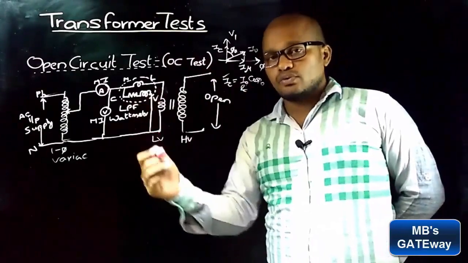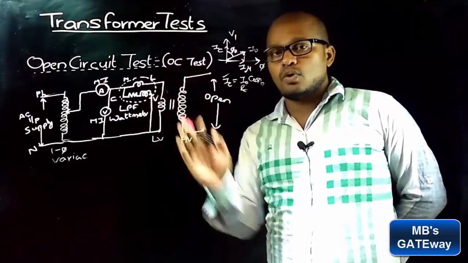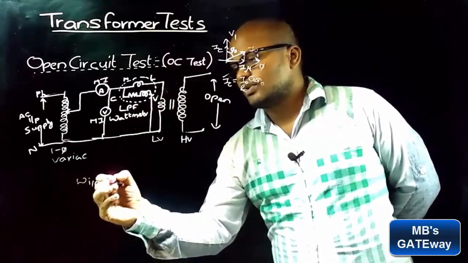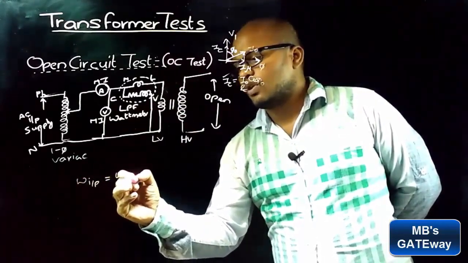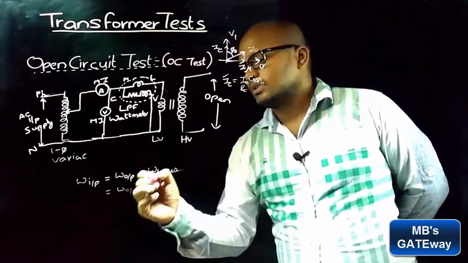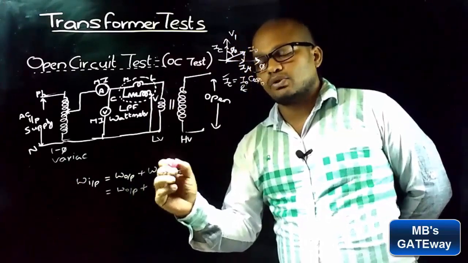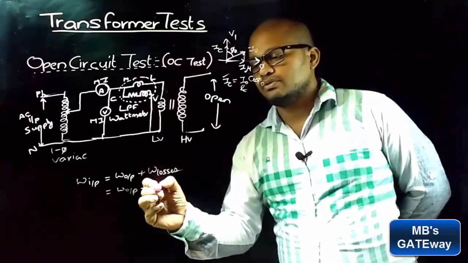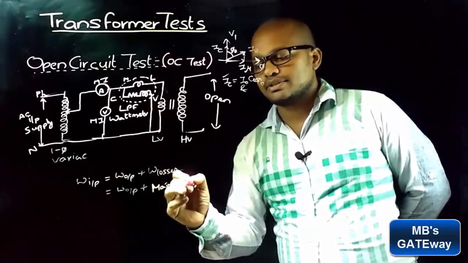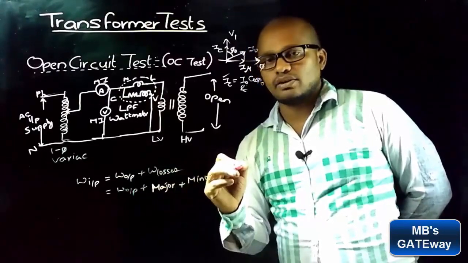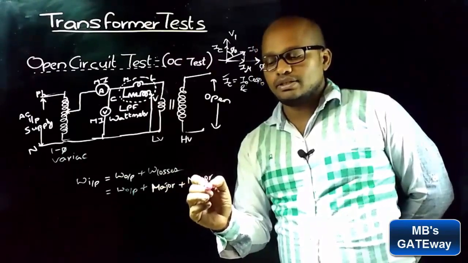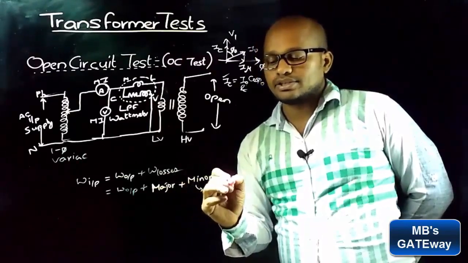Now let's discuss how to find the iron losses from open circuit test. As it is known that total input power is equal to total output power plus losses. As it is discussed that the total losses in transformer is classified into major losses plus minor losses. As minor losses are very low, these can be neglected.